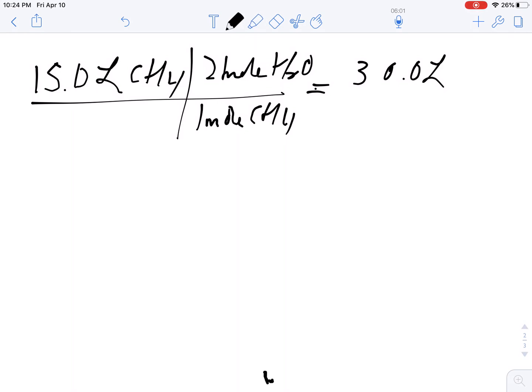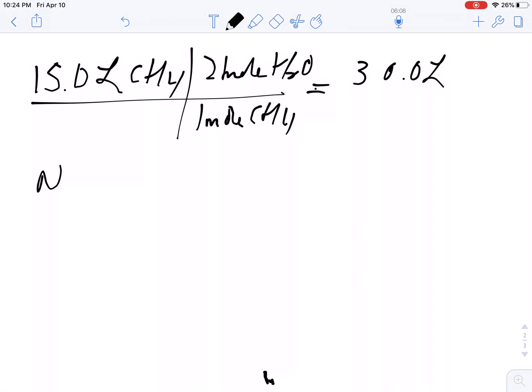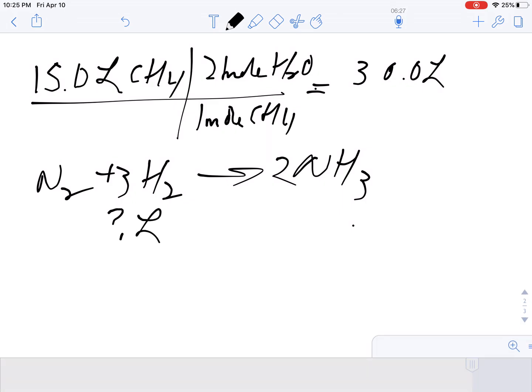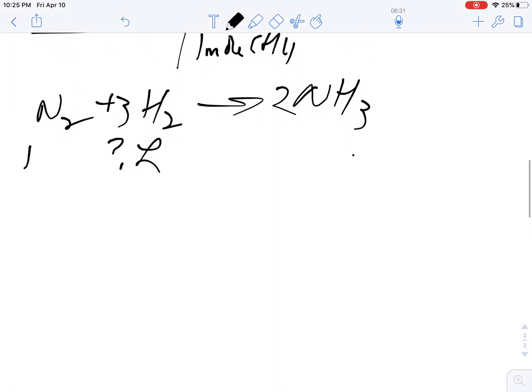Let's do nitrogen gas reacting with hydrogen gas to produce ammonia. To balance it, we're going to need a 2 here and a 3 there. And I want to know how many liters of hydrogen I need in order to react with 14 liters of nitrogen.